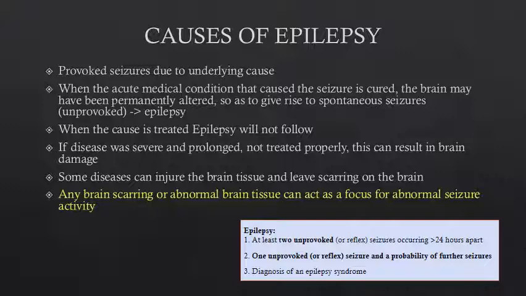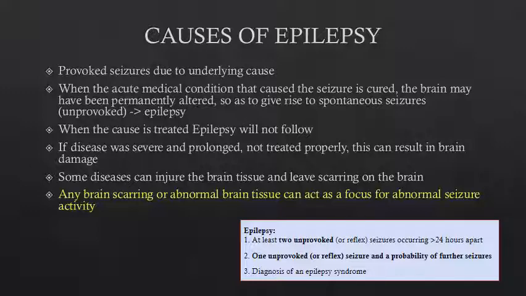If a disease was severe and prolonged, not appropriately treated, this can result in lasting brain damage. Some diseases can injure the brain tissue and leave scarring permanently on the brain. For example, imagine you have a cut on your hand that gets infected. You take antibiotics and the infection is cured.